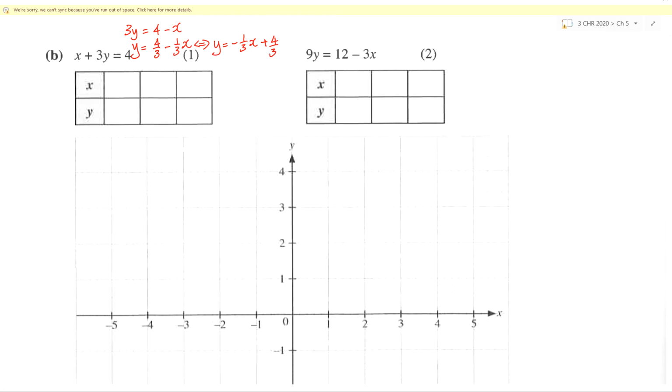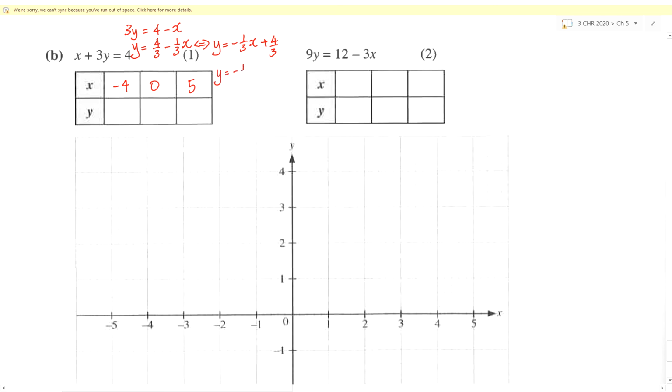Now we have to choose our x values. Let's put in some values, say negative 4. Let's put in 0. And let us put in 5. Okay, let's switch that. Okay, let us substitute.